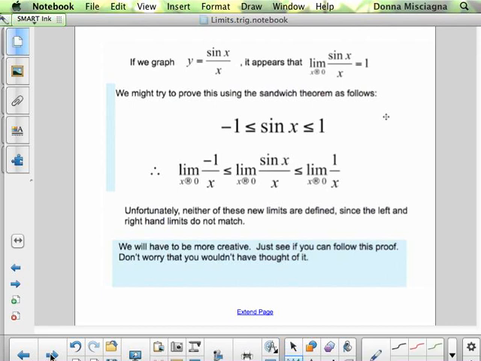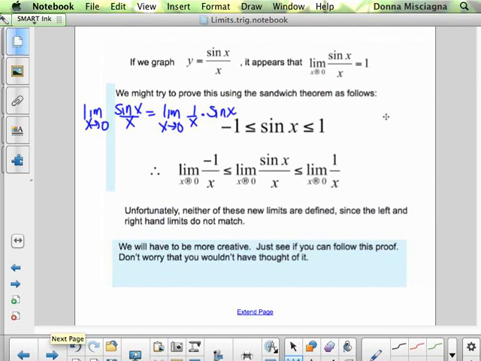And we could rewrite the limit as x approaches 0 of sine x over x as the limit as x approaches 0 of 1 over x times sine x.